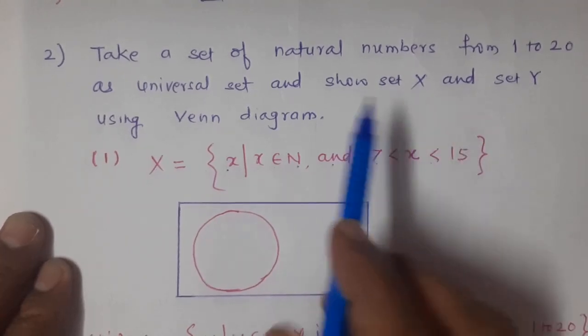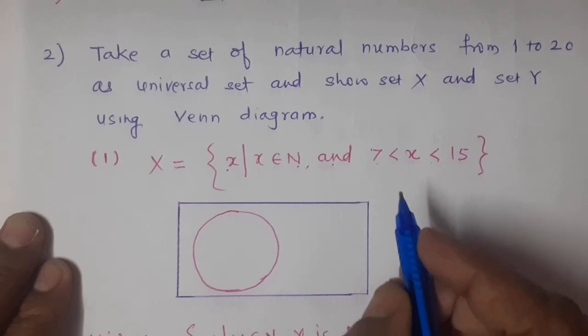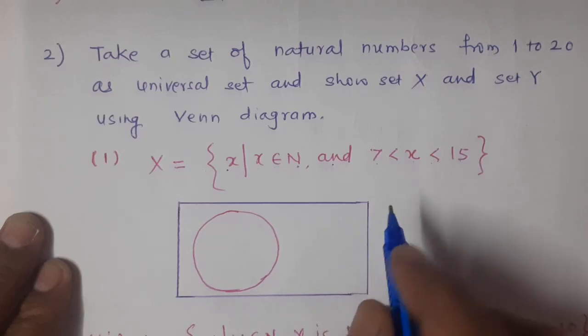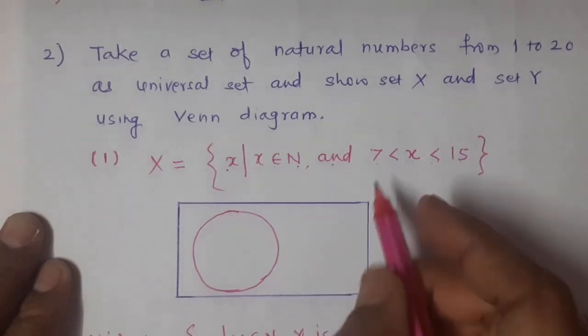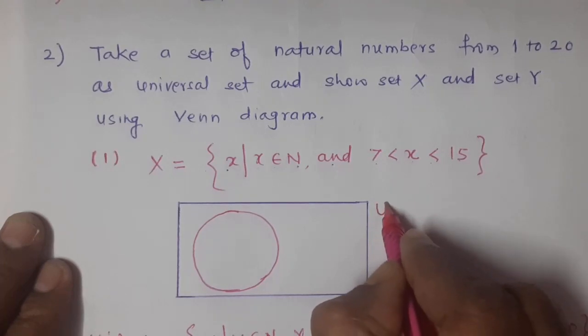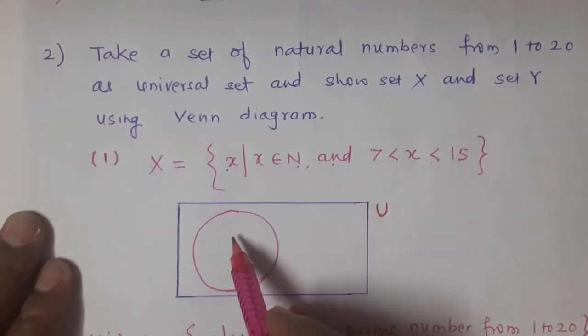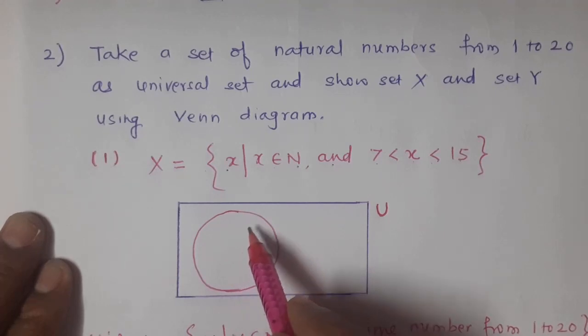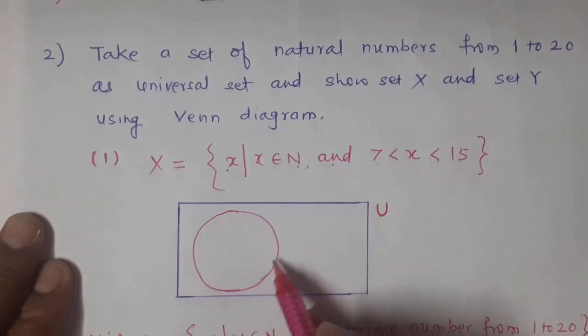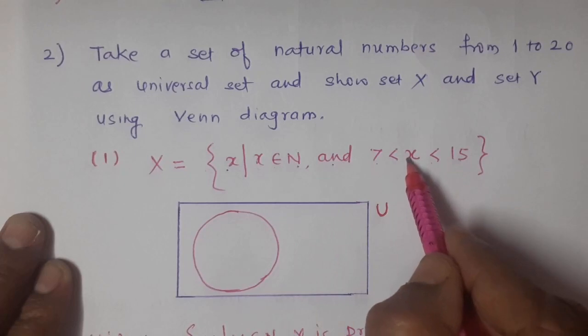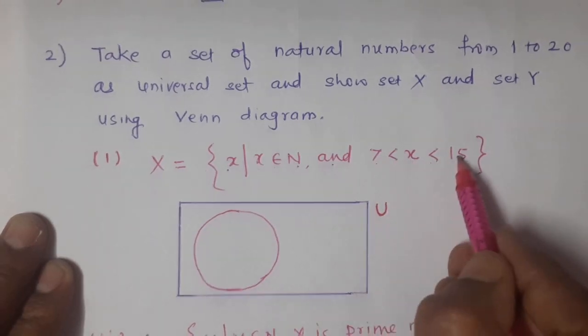You know that it is the universal set. That universal set comprises of natural numbers from 1 to 20, of which this set is a subset, comprising values greater than 7 and less than 15.